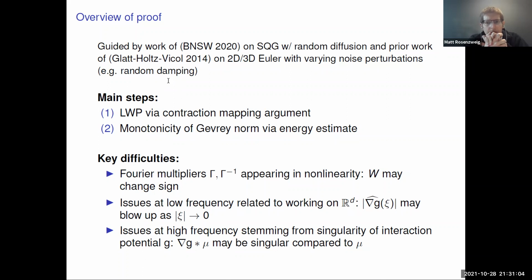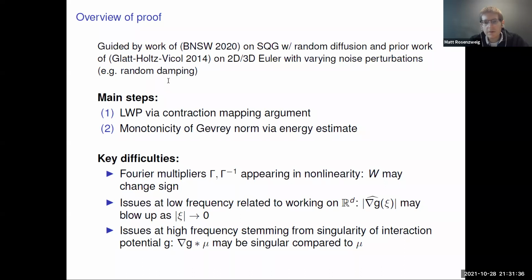I think you can summarize the arguments in two main steps. The first is a local well-posedness step, which in our case will be via a contraction mapping argument. And the second step is to show the monotonicity of the Gevrey norm, by which I mean the fact that the Gevrey norm is strictly decreasing as time is increasing. That's going to be shown by an energy estimate.